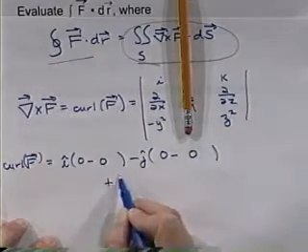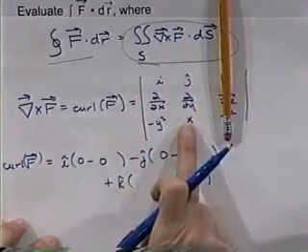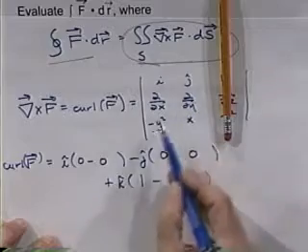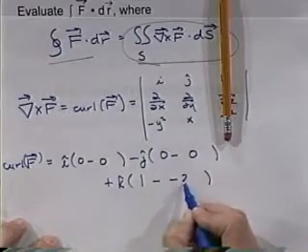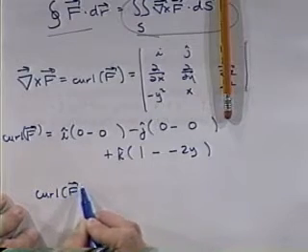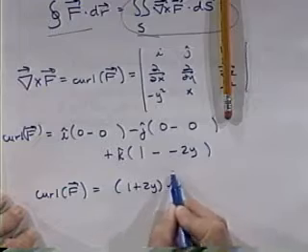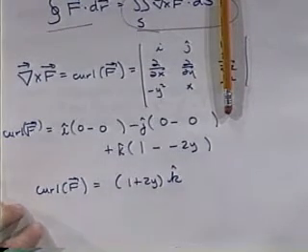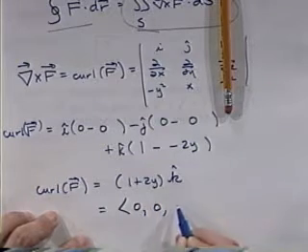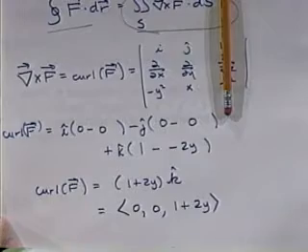And then plus k times partial with respect to x of x, which is 1, minus partial with respect to y of minus y squared, which is minus 2y. So my curl of f is equal to 1 plus 2y times k. Or in component form, the x component is 0, the y component is 0, and the z component is 1 plus 2y.